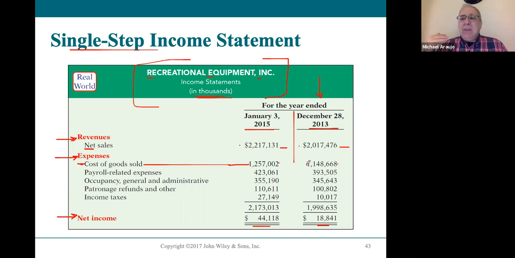Now, this might also explain to you why companies started way back in the 80s, and it certainly accelerated in the 90s through today, purchasing more and more of their inventory from places like China, because they were able to get lower costs to their inventory by purchasing certain amounts from places like China.